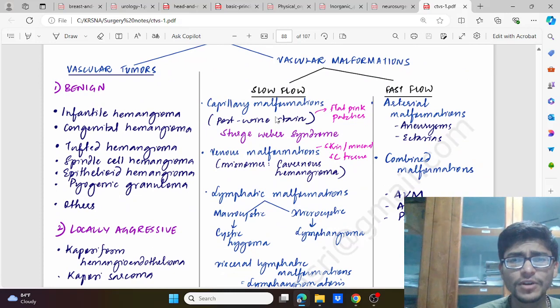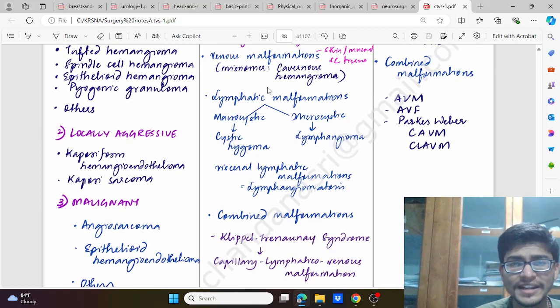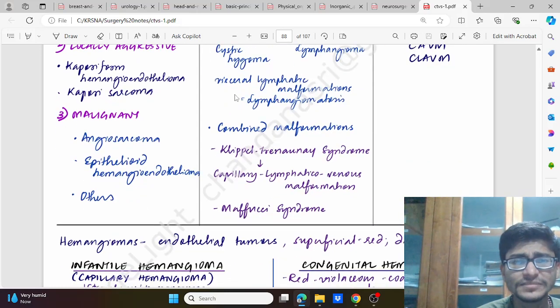Now the vascular malformations, which are divided into slow and fast flow. Slow flow includes capillary malformation, among which is the port wine stain, flat pink patches seen in Sturge-Weber syndrome. Venous malformation could be skin, mucosal, or in the subcutaneous tissue; these are misnomers of cavernous hemangioma. Then lymphatic malformation: macrocystic, that is cystic hygroma; microcystic, that is lymphangioma; visceral lymphatic malformation, that is lymphangiomatosis.